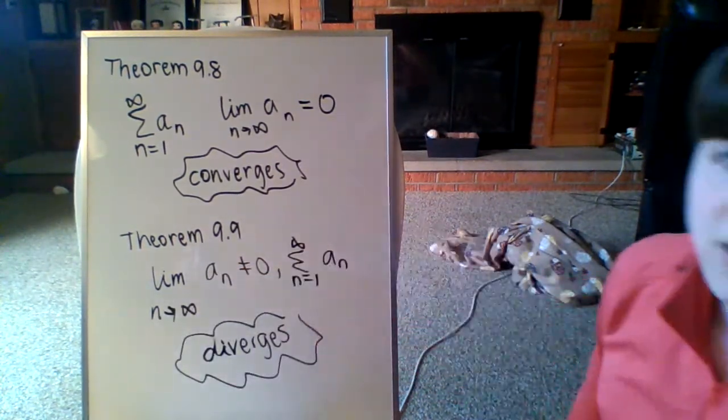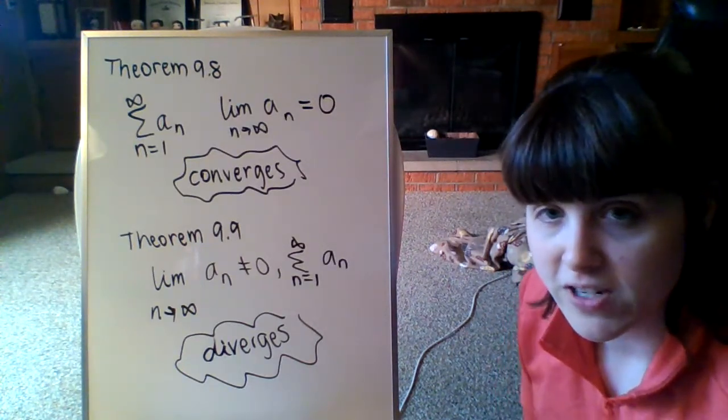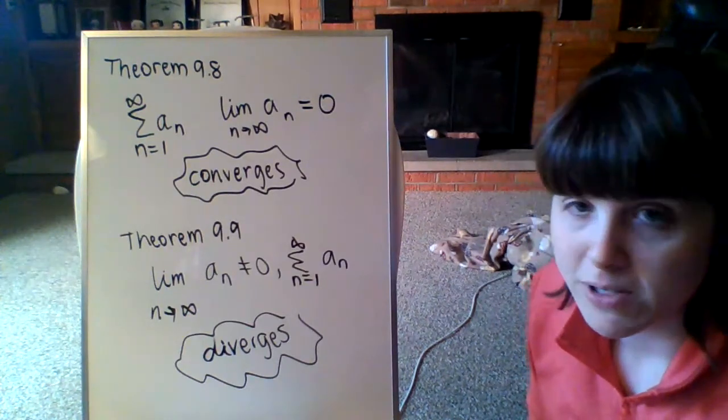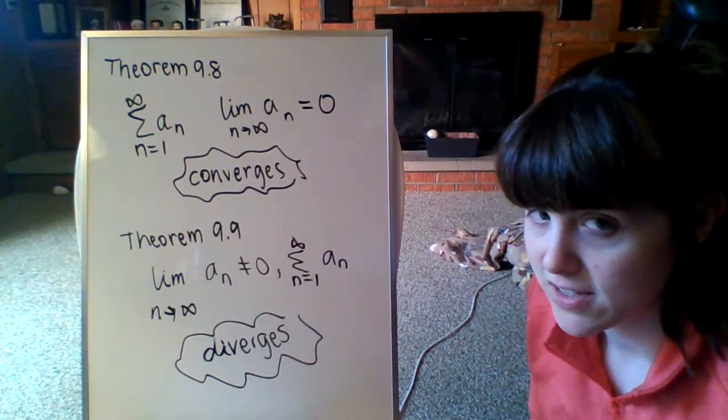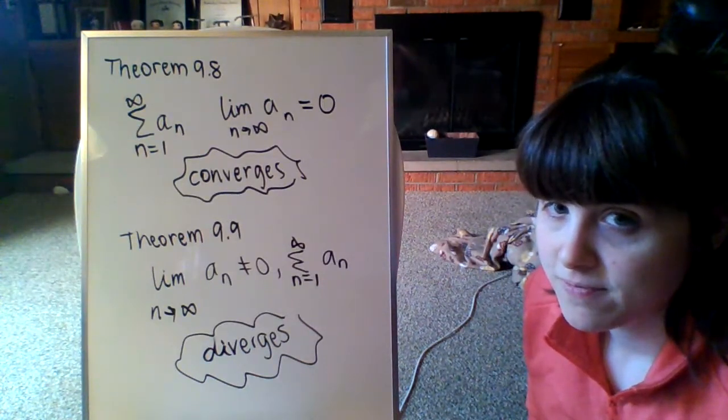What that means in a nutshell is if you find the limit of your series and it's 0, it converges. If you find the limit of your series and it's anything other than 0, it diverges.